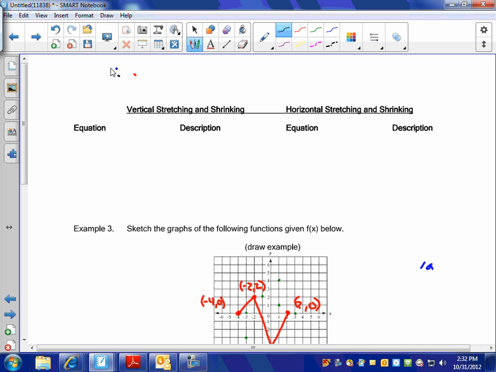So, okay. Vertical stretching and shrinking. Here we go. f of x maps to a times f of x.